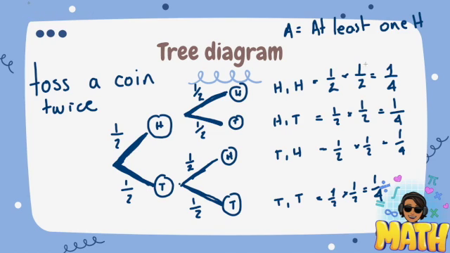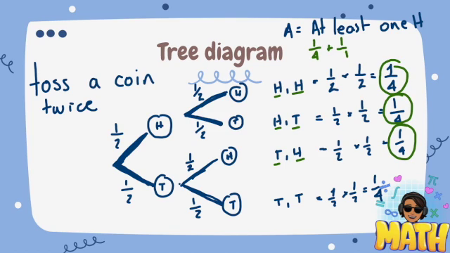So when does this happen? Here, we have one head, and in the other one as well. To find the probability of this event, we have to add all of these probabilities. So we're going to add 1/4 plus 1/4 plus 1/4 equals 3/4. And this is how we find the probability of this event.